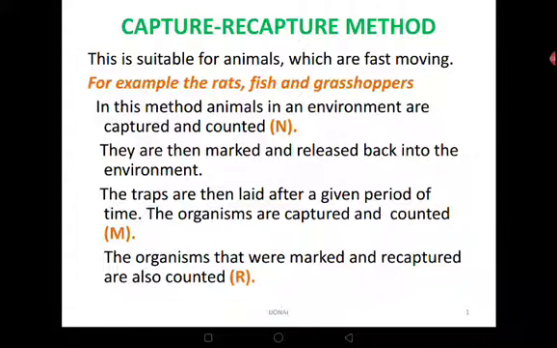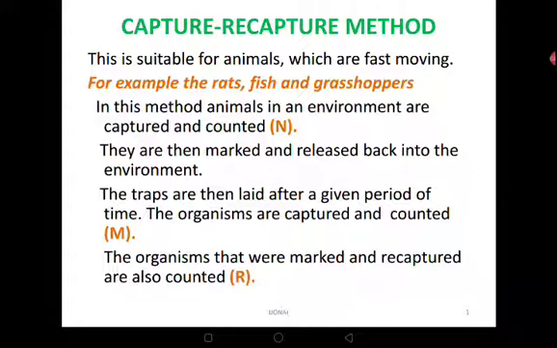So simple as that. So what do you do now? You already have the number of organisms in the first capture. You have counted them and you know them, N. Then you also know the number of organisms that you have captured in the second capture. And then you know the number of organisms that you recaptured that bear the marks. So what do you do to compute the total population?